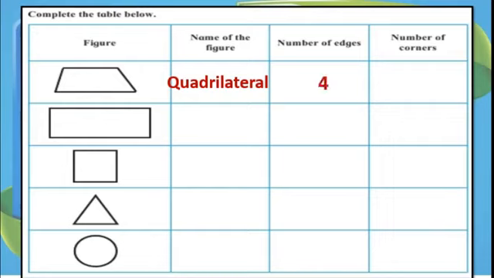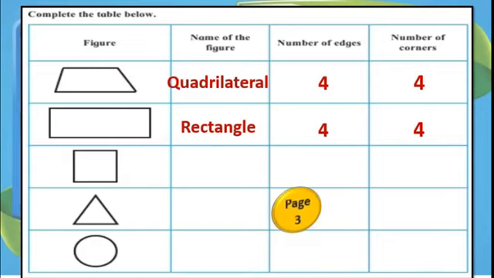Yes, it has 4 edges and 4 corners. For the second figure I will write the name rectangle, number of edges 4 and number of corners 4. Yes, for the rest 3 figures you have to write the name, the edges, and the number of corners. Okay, this is on page number 3.